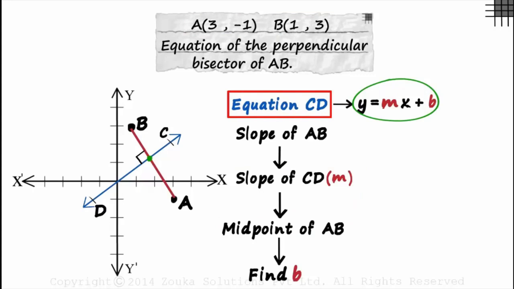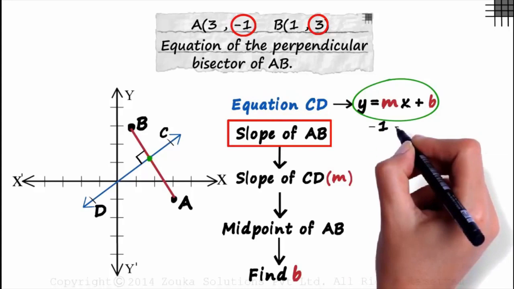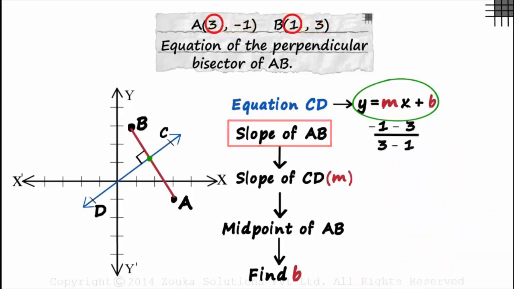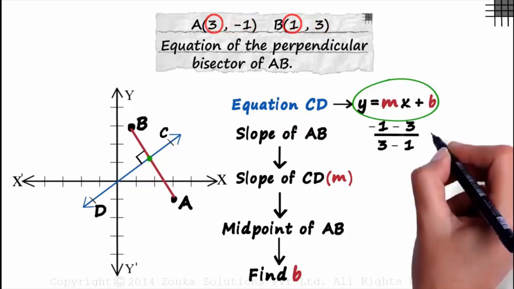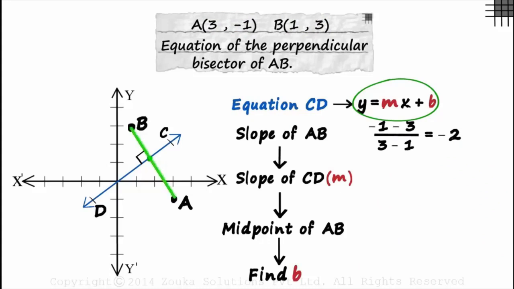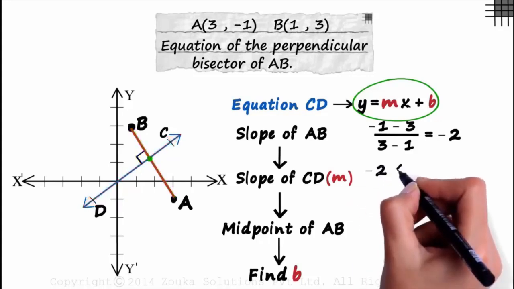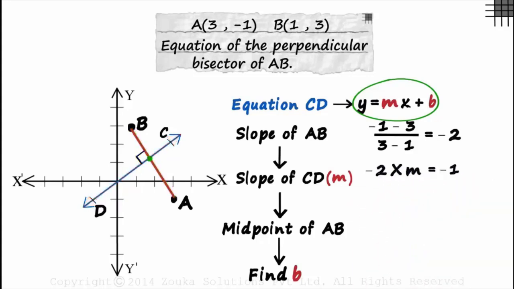So let's count the slope of AB. The slope of AB is -2. So the slope of CD is the reciprocal of AB, that is a half.